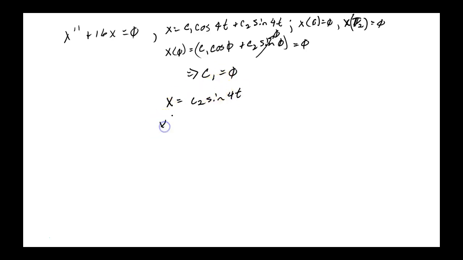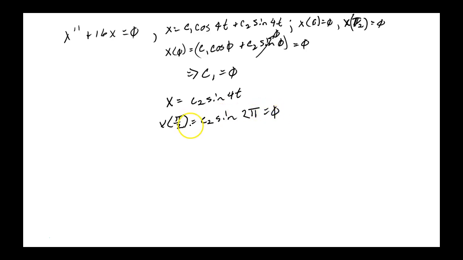And let's do x at pi halves is equal to C2 times the sine of... second? You say, okay, that's 4t, but that's just going to be 2t. 2 pi. And that has to be 0.